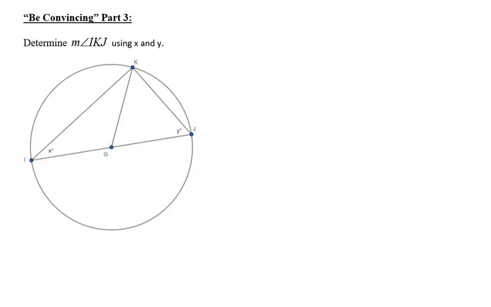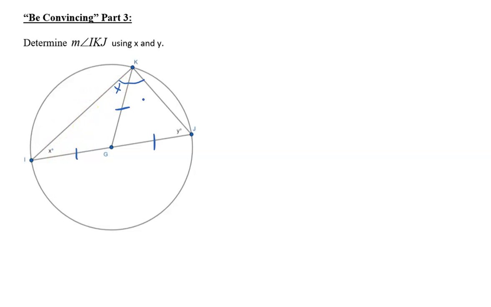We want to know how x and y are related to the measure of IKJ. So we are going to get back to the same concept we did in the first part with the exterior angle theorem. And we can see once again we have radii that are all congruent, which means we have isosceles triangles.